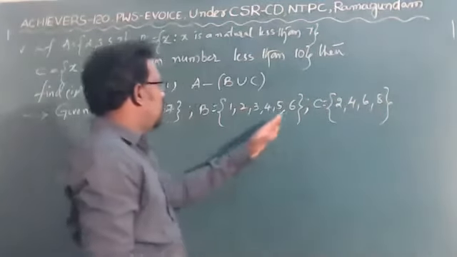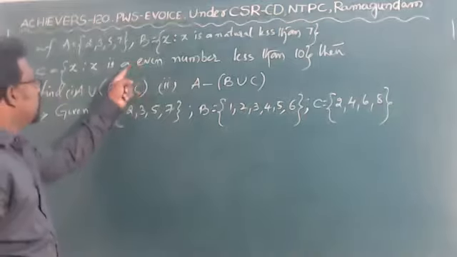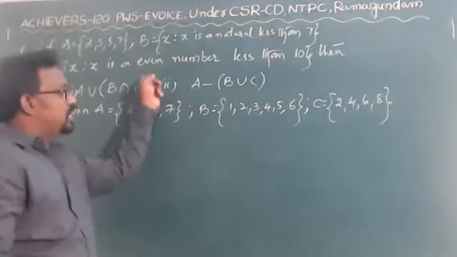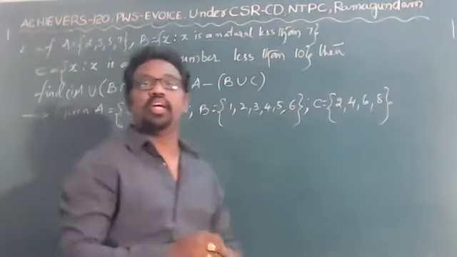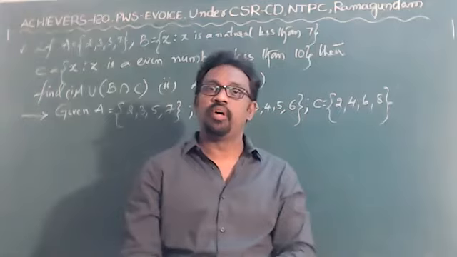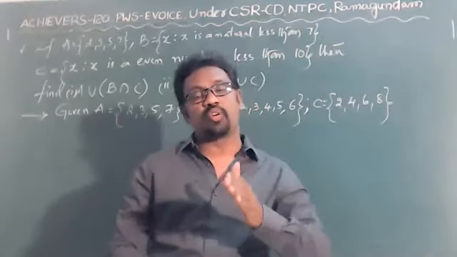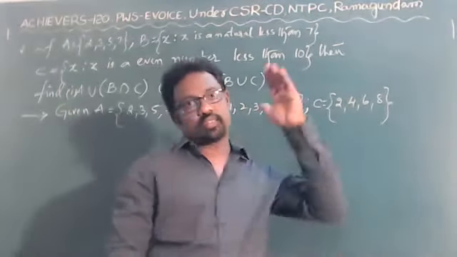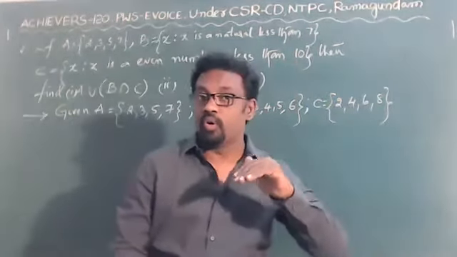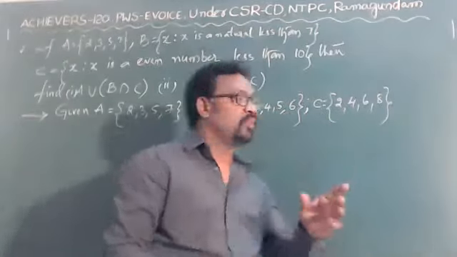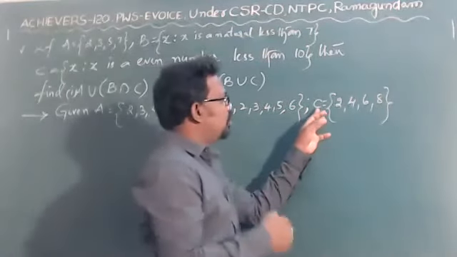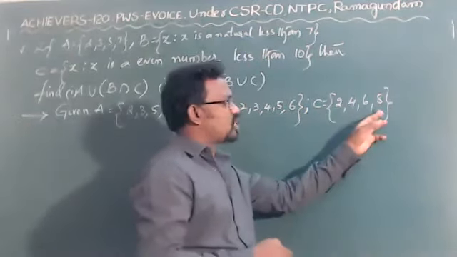So up to 8 you have to maintain. This is converting the set builder form of B and C into roster form. Now roster form to set builder form, this one he will give. Let us go with C is equal to 2, 4, 6, 8.